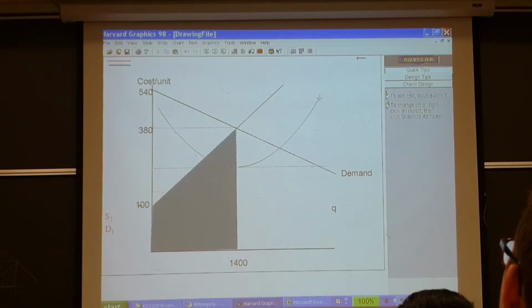Can I do this? I don't know. Would this be correct? Would this be the way average variable cost would look? Look at it closely. Could average variable cost look like this? No, it couldn't. This has to be 240, but the marginal cost must cut average variable cost at its minimum. So we must draw something, say, like this.